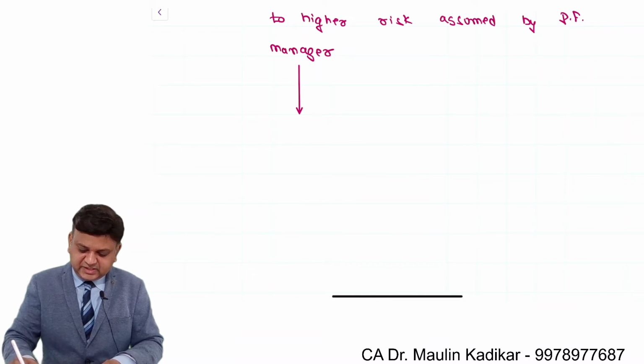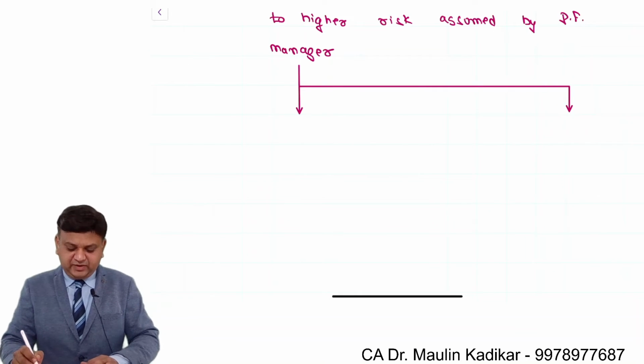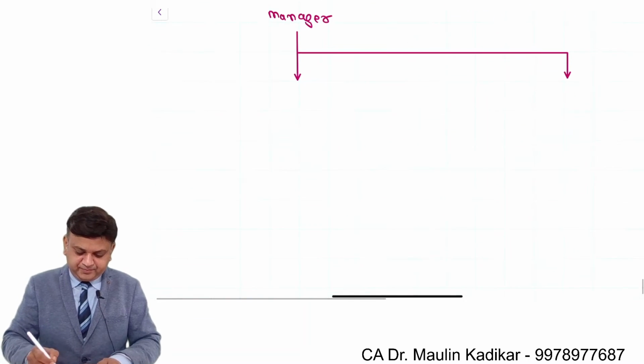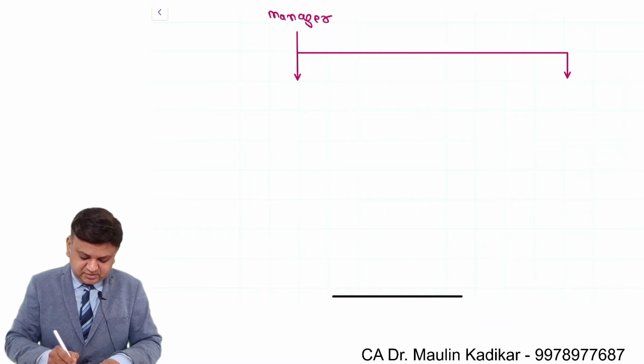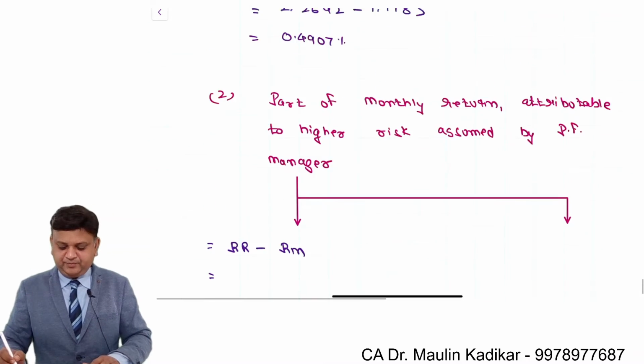Dear students, this answer can be calculated by two methods. Friends, over here we understand that it is calculated as required rate of return minus return on the market portfolio.